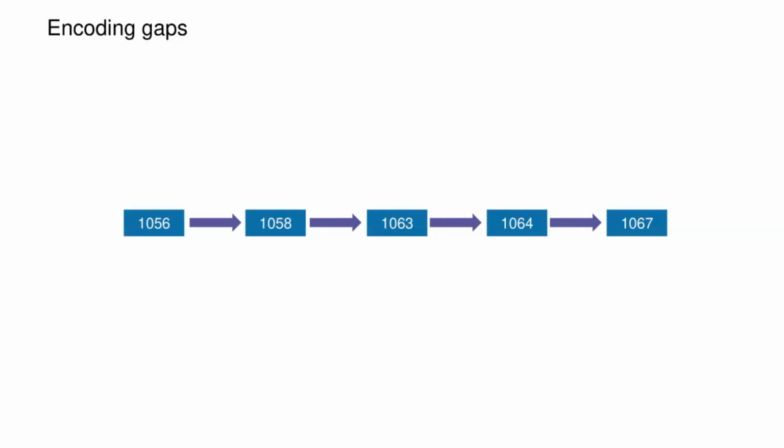Imagine I'm taking an example of a quite frequent term, and I have some part of the posting list here. It's longer than that, but I'm just showing a fragment of a posting list for a relatively frequent term. And we see that that term, whatever it is, appears in documents number 1056, 1058, 1063, 1064, and 1067.